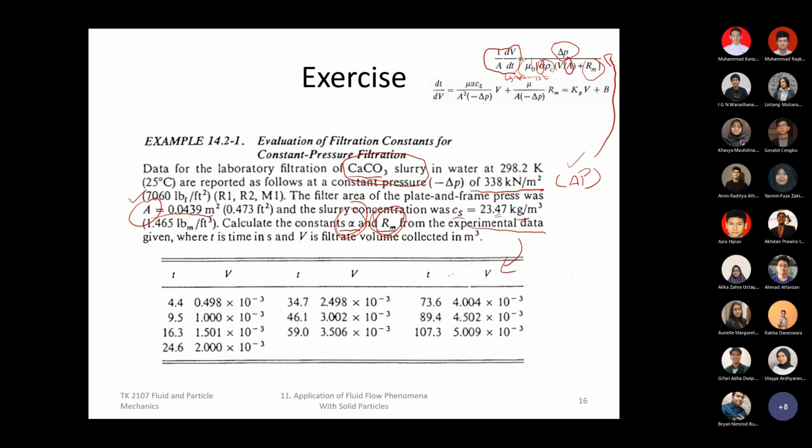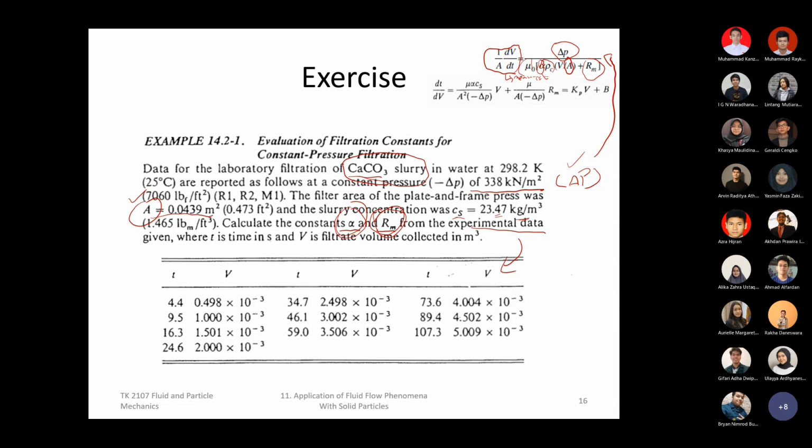Then when we try to scale up the process, when we try to replicate the process, this alpha and Rm can be used. Instead, maybe what we are calculating is the required surface area, let's say if you want to double or triple or increase the production 10 times.